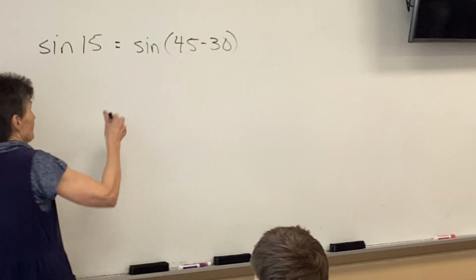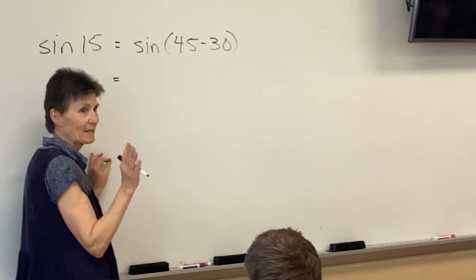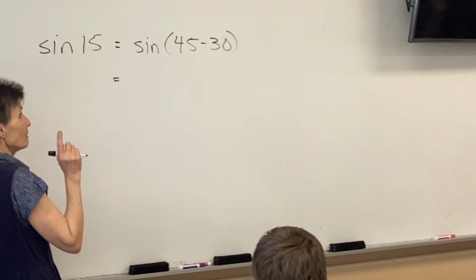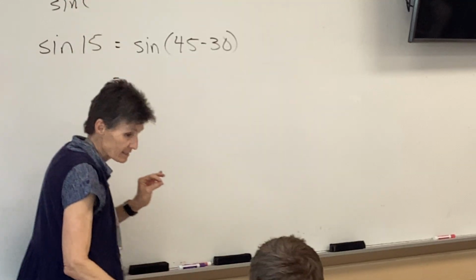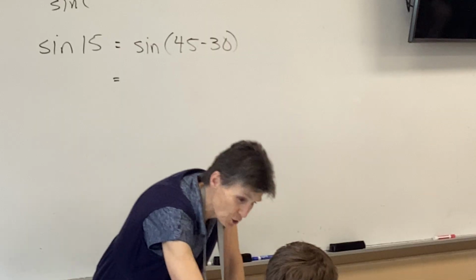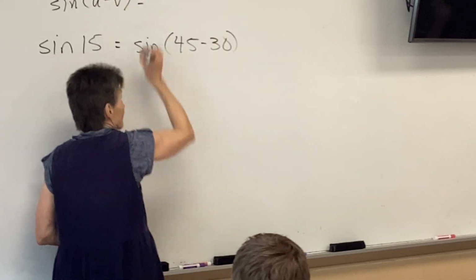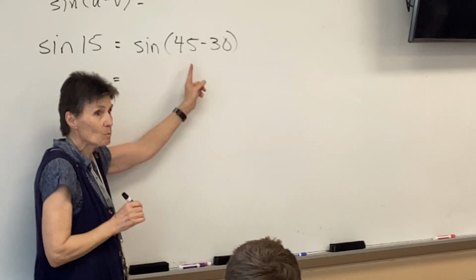Now, on your sheet, this isn't a distribute. Please don't think you're just going to distribute. That's not how it works. But on your sheet, there is a formula that says the sine of u minus v. You see that one? That is exactly what I'm doing here.